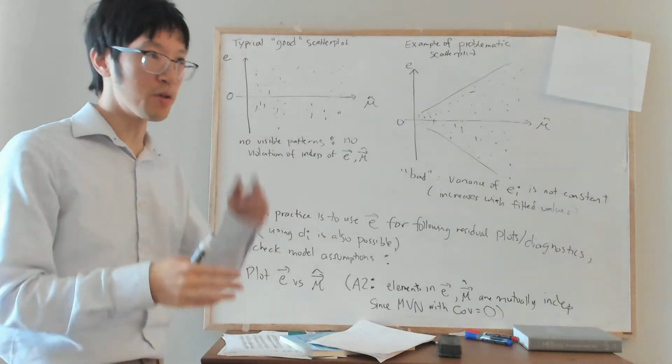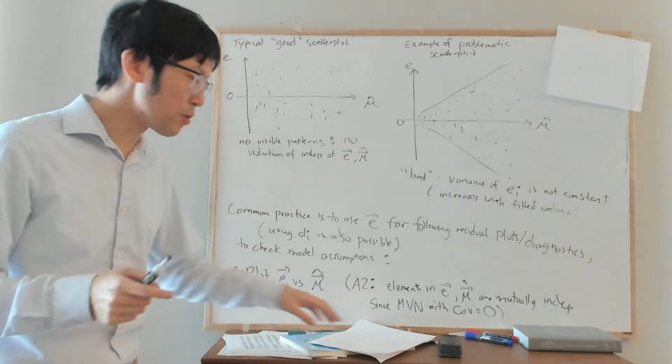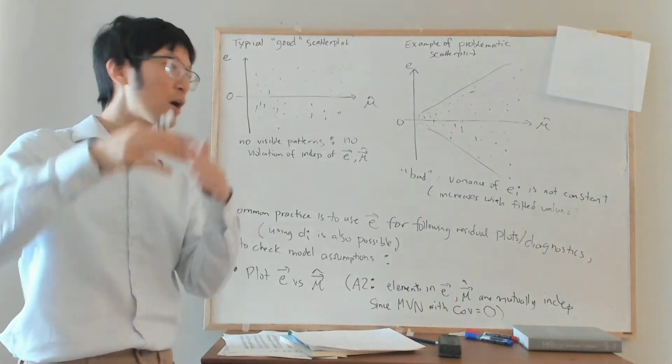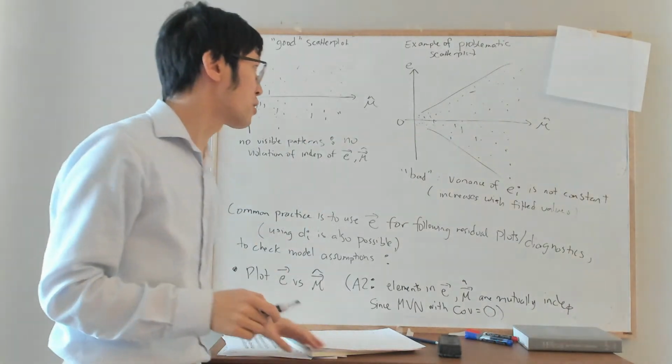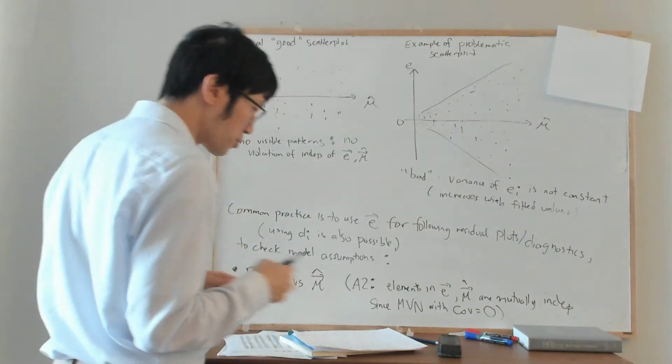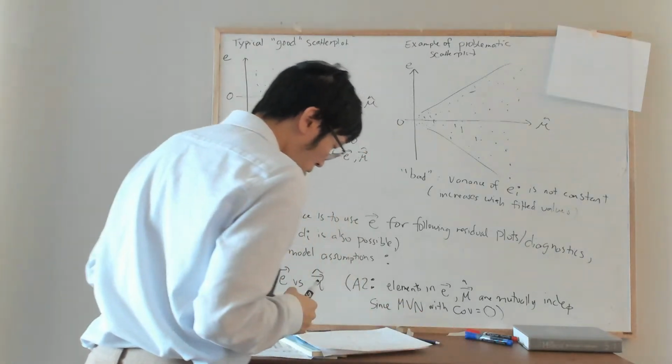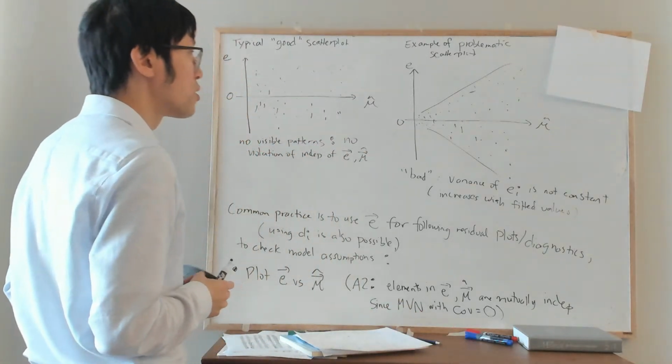In other words, in terms of the regression line, the scatter around the line is wider when you have larger values.